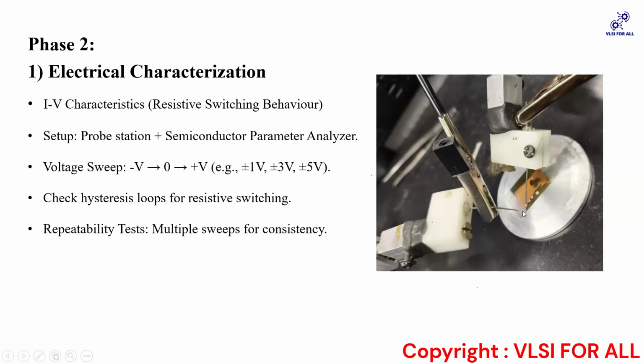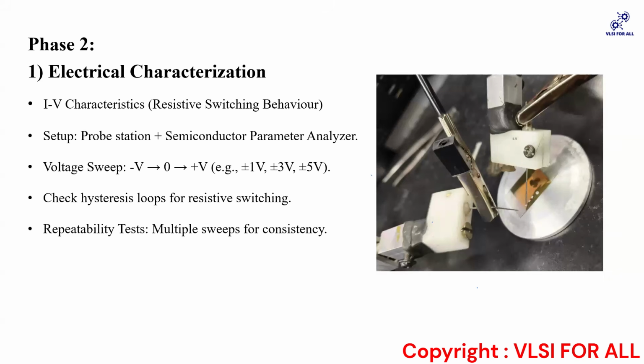What we are going to do is set up a probe station, which is a four-probe device, and now we are going to check its individual properties. While varying the voltage from 0 to 3 volts, 1 volt and 5 volts, we are going to check its properties. Firstly, the main thing is to check its resistive properties, so we are going to check its hysteresis loop.